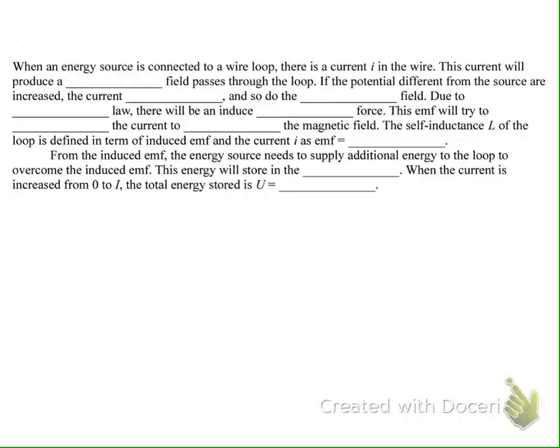This is test 9, and this is question number 1. They ask that when an energy source is connected to a wire loop, there is a current I in the loop.